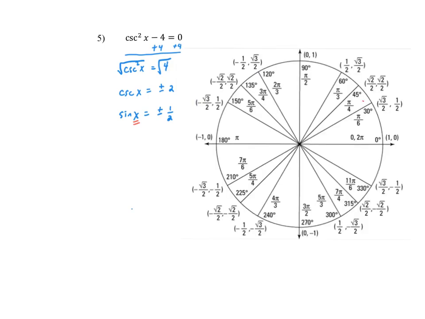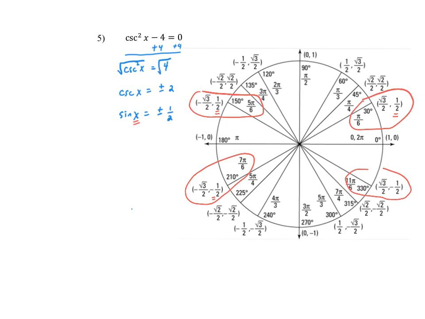Those angles are pi over 6, because the sine value is 1/2, 5 pi over 6, sine value is 1/2, 7 pi over 6, sine value is negative 1/2, and 11 pi over 6. The sine value is negative 1/2. There are 4 solutions. X equals pi over 6, 5 pi over 6, 7 pi over 6, or 11 pi over 6.